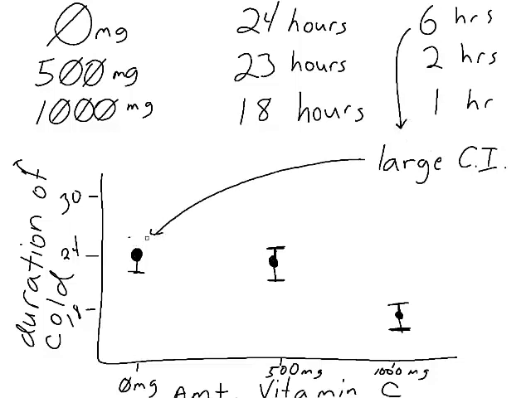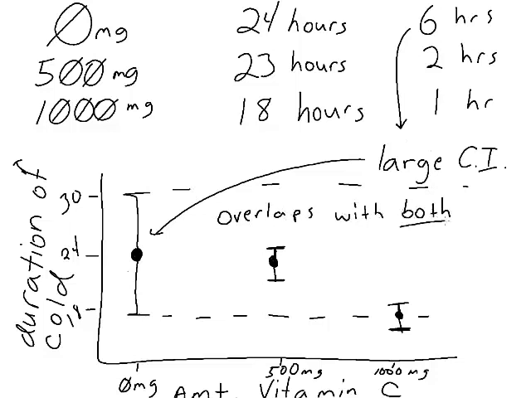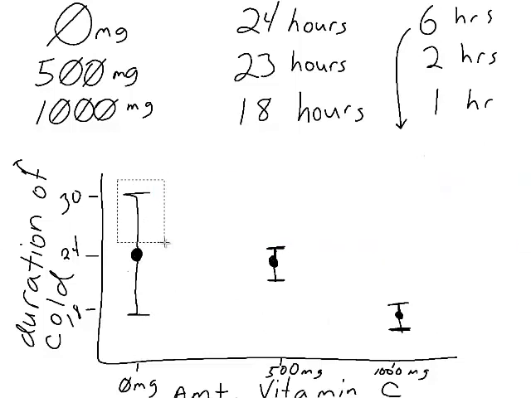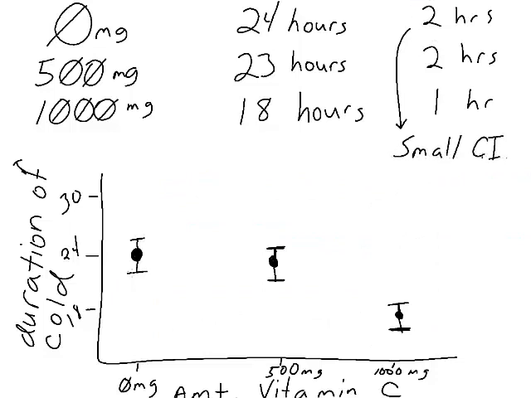And consequently, our error bars would be wide. The wider the error bars, the greater the chance that they will overlap and will not be considered statistically different. If our vitamin C subjects had colds that lasted 22 hours, 23 hours, 23.5, 23.1, and so on, then the duration of their cold would have a much smaller variability and shorter error bars.